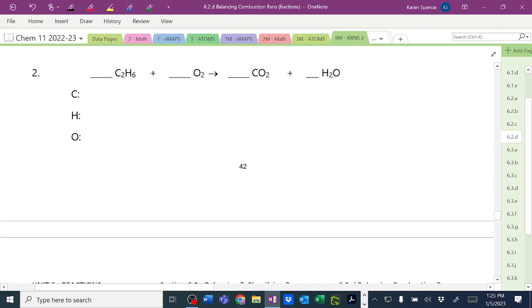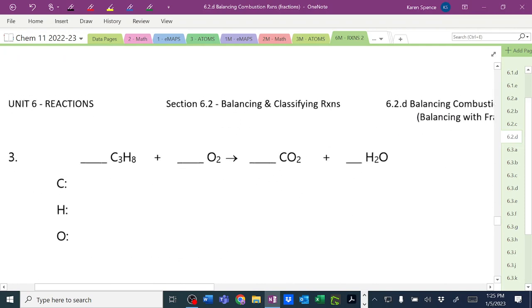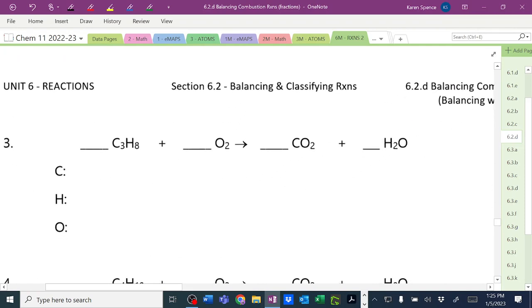Okay, so let's do number 3. Number 3, we have 3 carbons, 8 hydrogens, 2 oxygens. We have 1 carbon, 2 hydrogens, 1 oxygen. So let's balance who first?